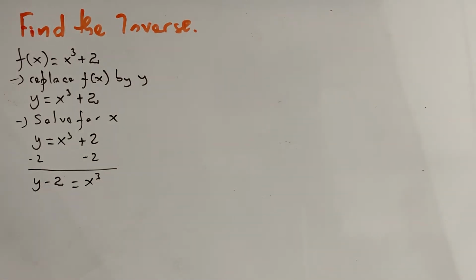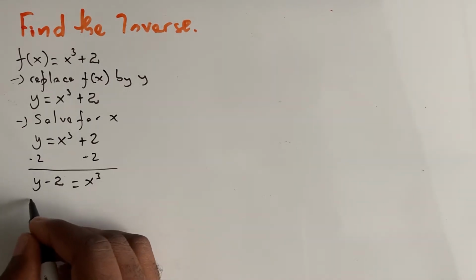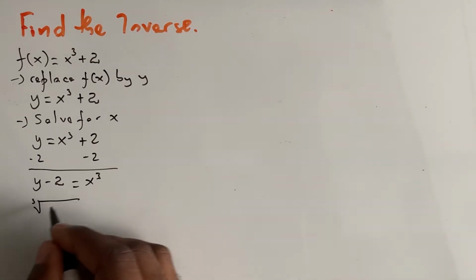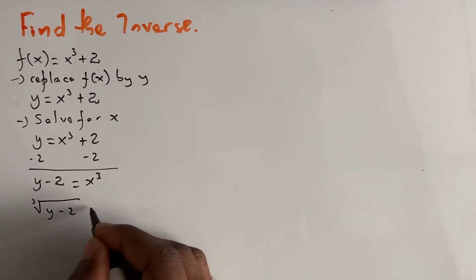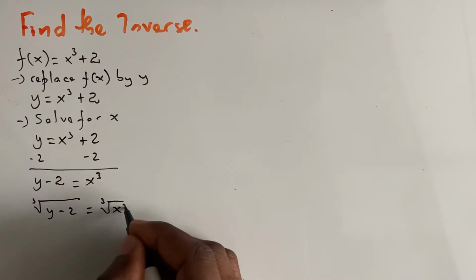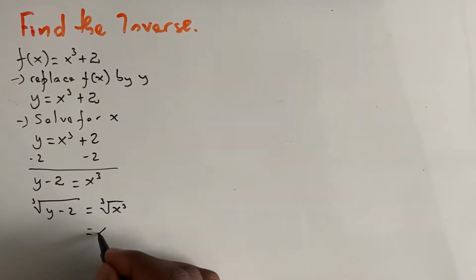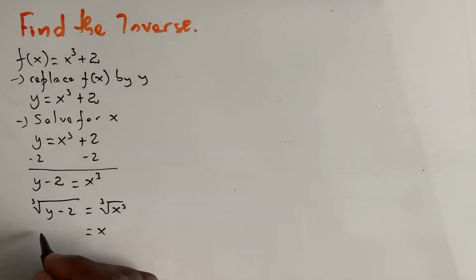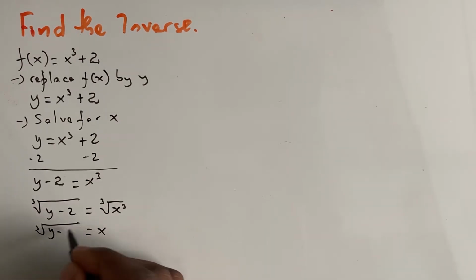Now to solve for x, we take the cube root of both sides. So it's the cube root of y minus 2 equals the cube root of x cubed, which gives you x equals the cube root of y minus 2.